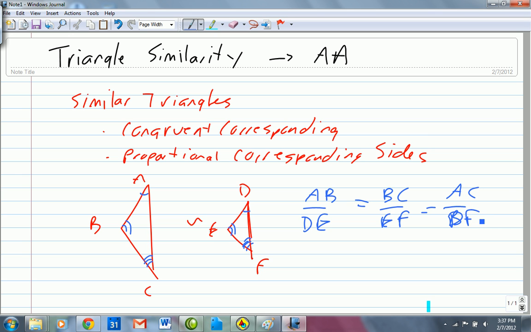Oops, DF, right? So we have AB to DE equals BC to EF, which is also equal to AC to DF. And that's what it means to be similar: congruent angles, corresponding sides proportional.